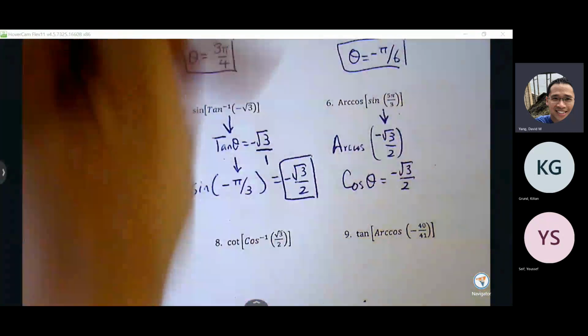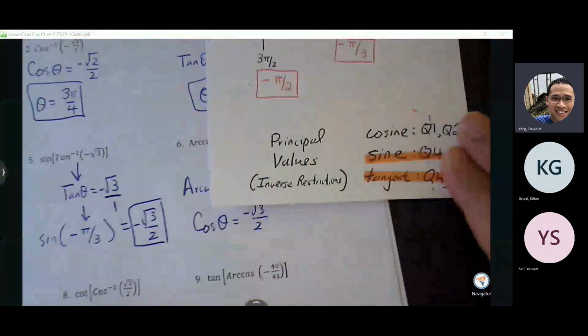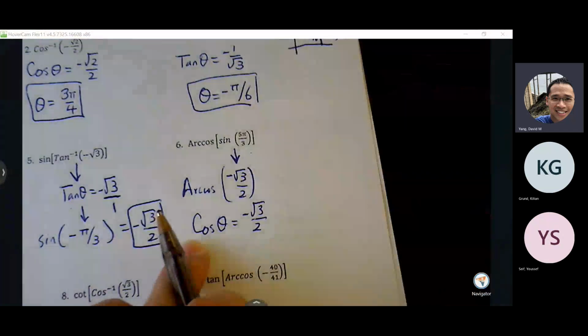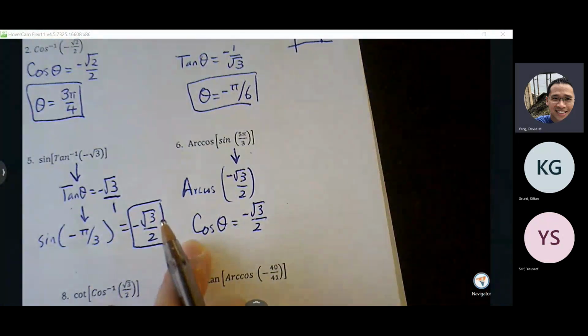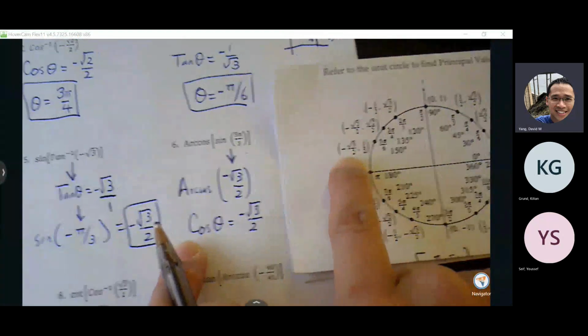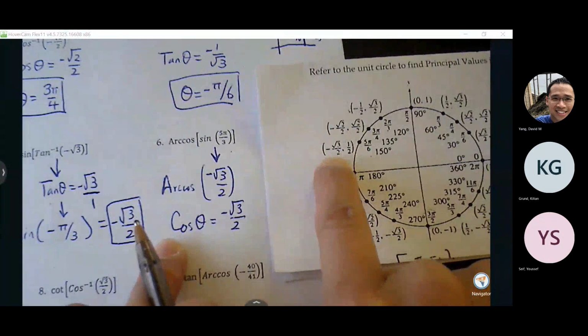We know that principal values with cosine is first and second quadrant. Negative will be second quadrant. So cosine negative root 3 over 2, that's the pi over 6 family. So 5 pi over 6.